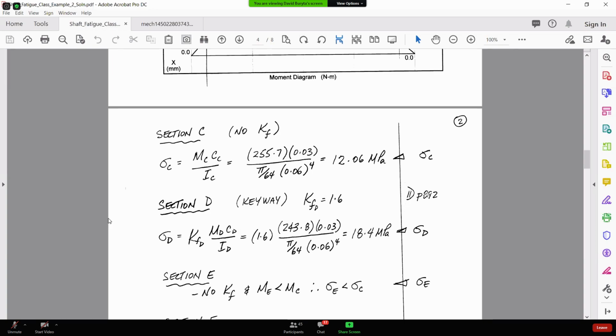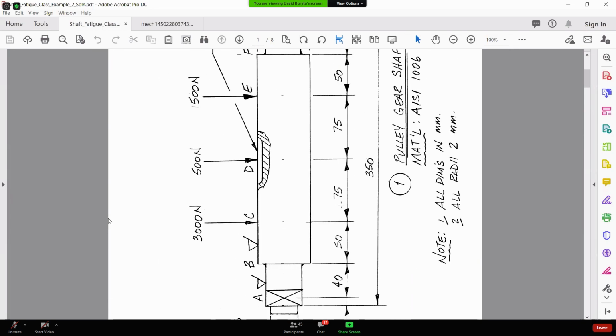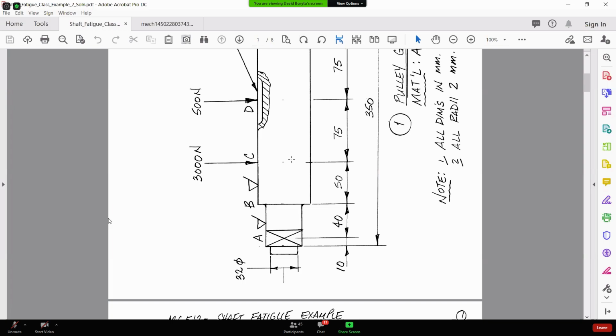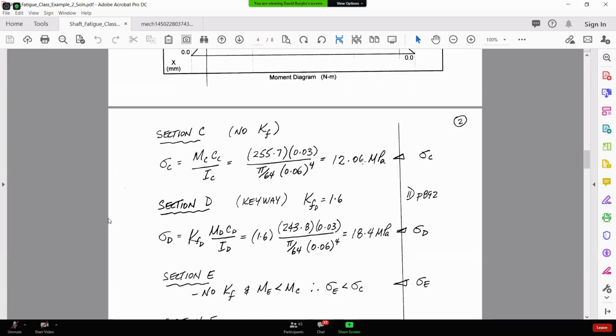This D represents a book by the name of Deutschmann, which directly gave me the value for that particular type of keyway. If you look at it, it's a sled runner keyway because it's curved at the ends. If it was a profile keyway, it would have squared off corners. So I found this directly.